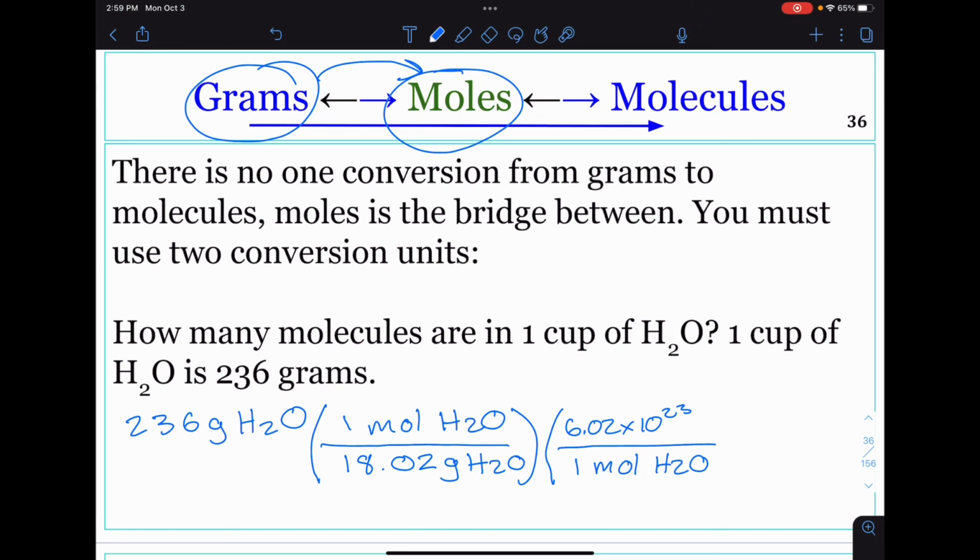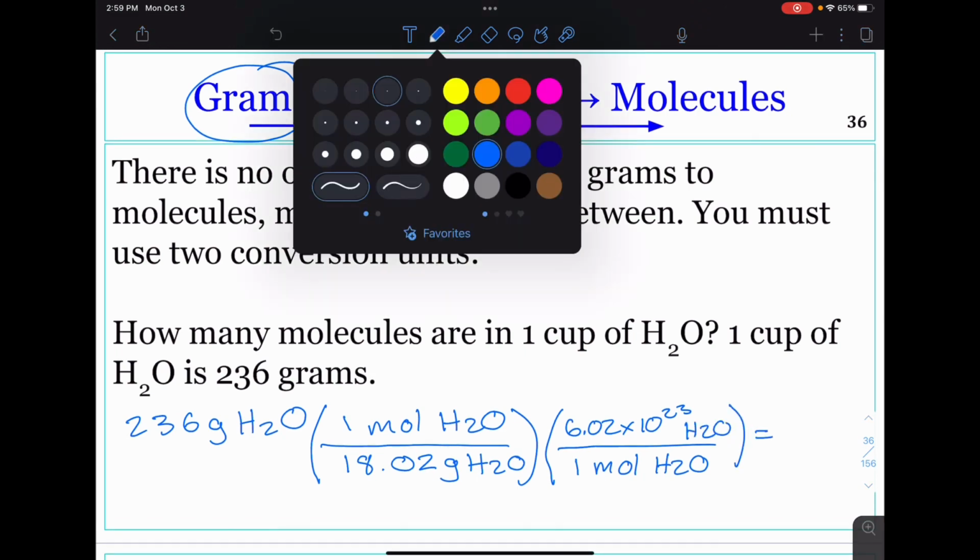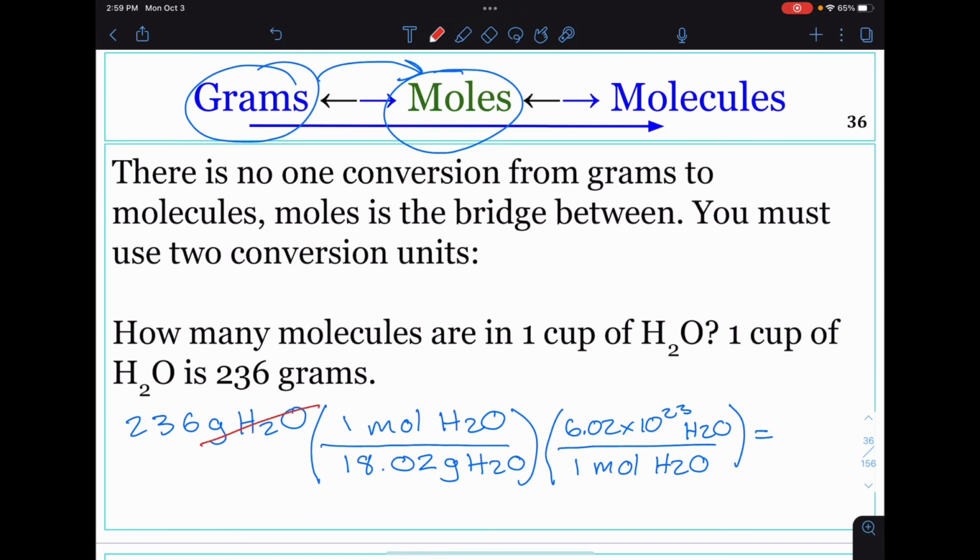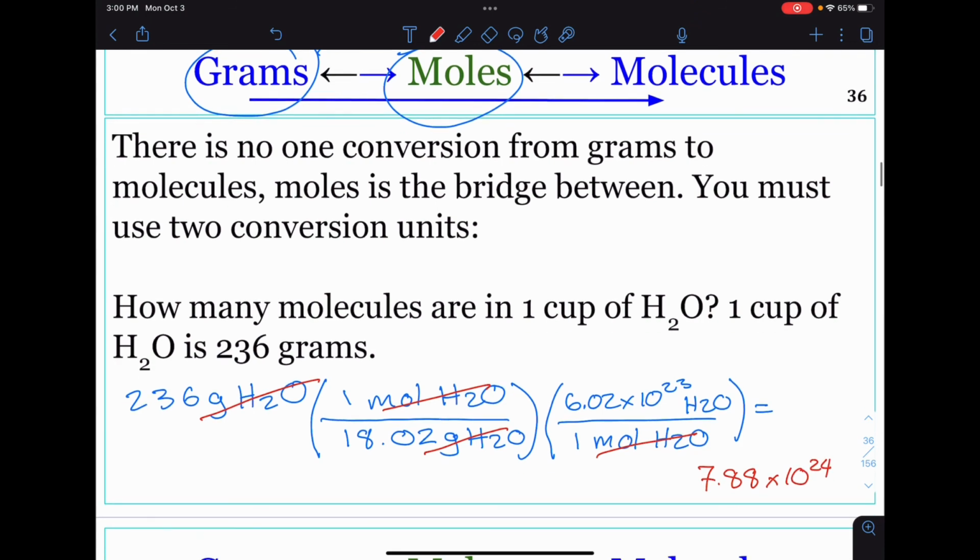And this unit is in molecules of H2O. So let's go ahead and cancel our units. We're canceling grams of water, and now we're going to cancel moles of water. And our answer is 7.88 times 10 to the 24, and the unit is molecules of H2O.